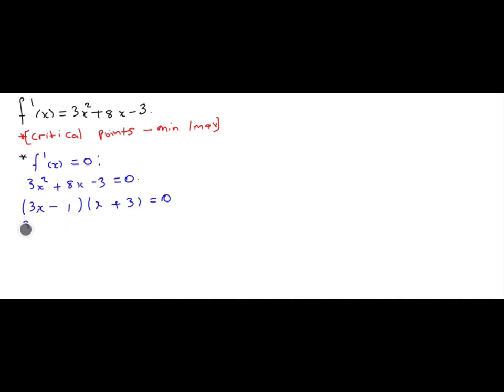So this is 3x minus 1, and I equate that to 0, or x plus 3 equal to 0 as well. So from this I can rearrange it to x being 1/3 or x being -3, and those will be my critical or stationary values or points.